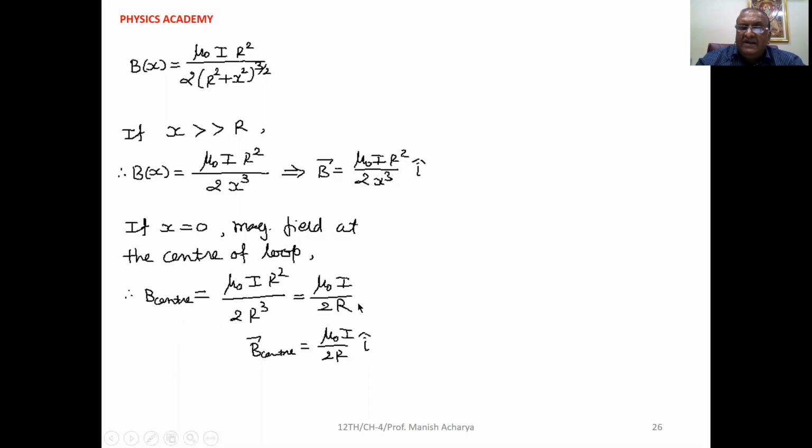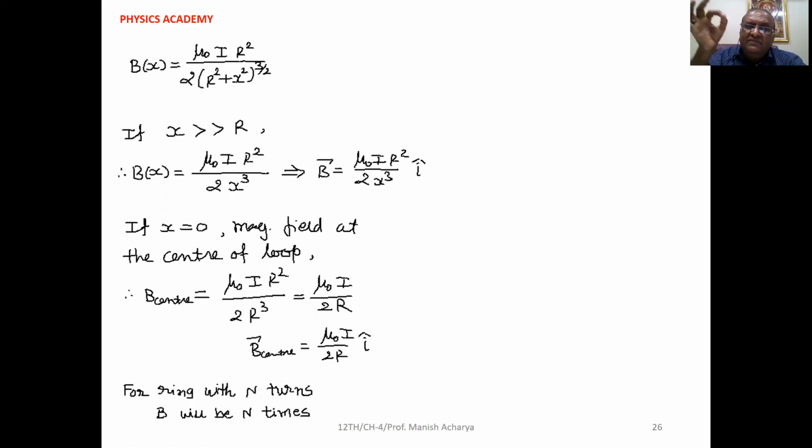So the magnetic field at the center of the current carrying loop will be mu 0 I upon 2r. And in vector form, you can write it by multiplying it with a unit vector in the direction of its axis. Clear? And if your ring is with n number of turns, then B will be n times. Very simple thing.